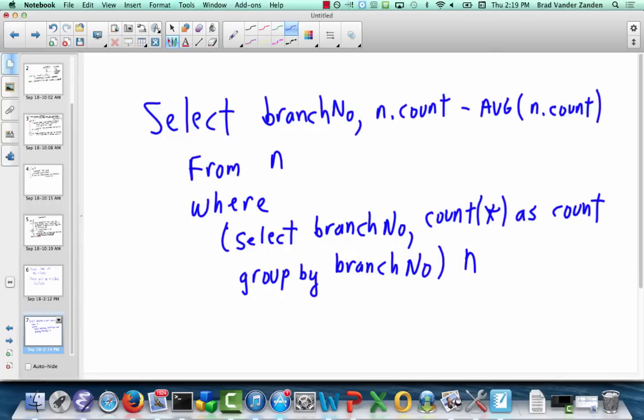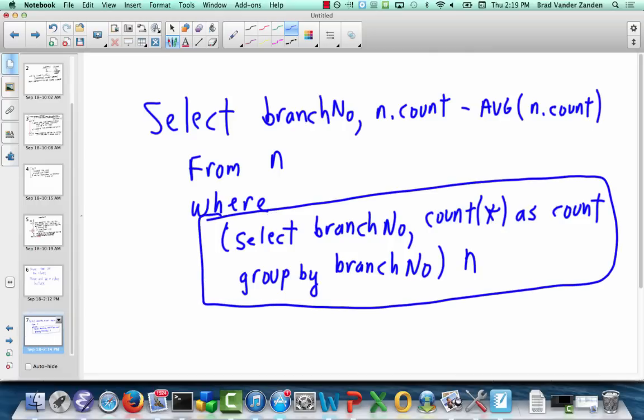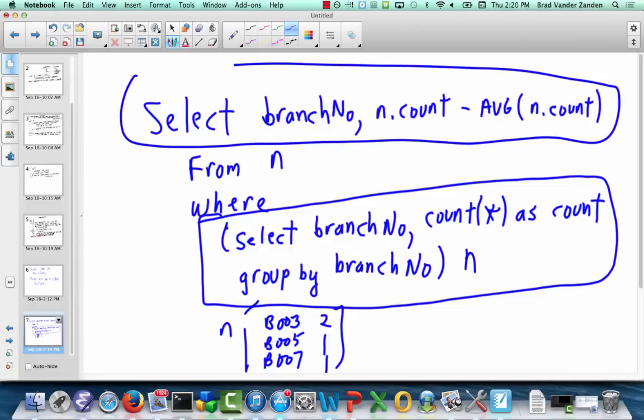It would first evaluate the subquery, and it would come up with a relation that might be, for example, B0032, B0051, B0071, and that would be n. And now it would apply this query to this computed result.